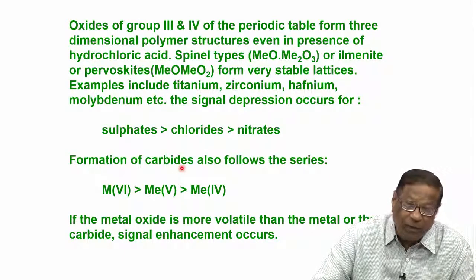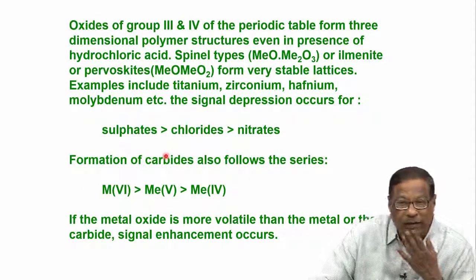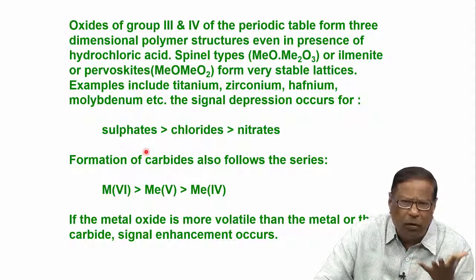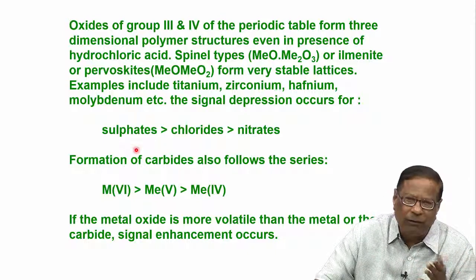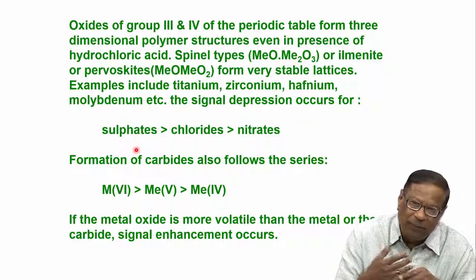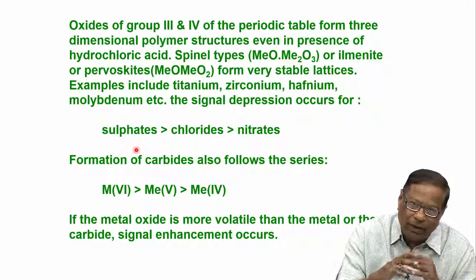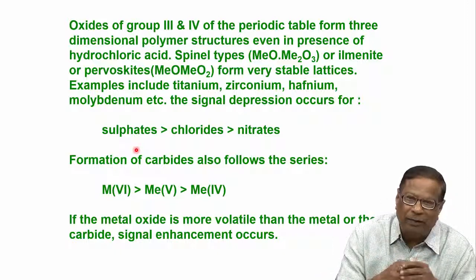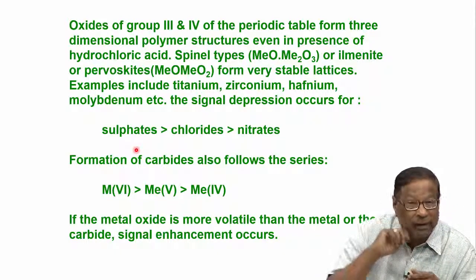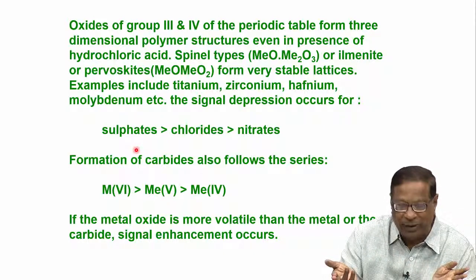So, some elements form carbides, for example, tungsten carbide, very strong refractory element which is used in metal edges for metal cutting. Tungsten carbide is coated even on our shaving blades, because it cuts very easily and it does not degrade very easily.